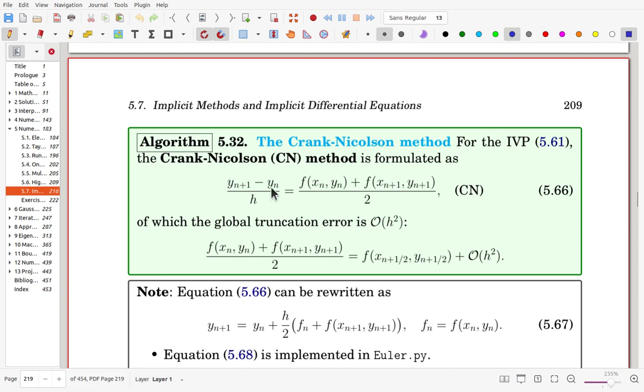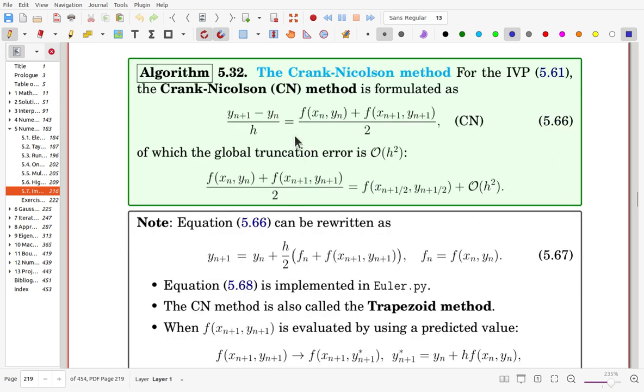Then this difference is a central scheme, in fact a second order central scheme, so from here second order error and from here second order error, so that the whole thing is a second order approximation of the initial value problem.